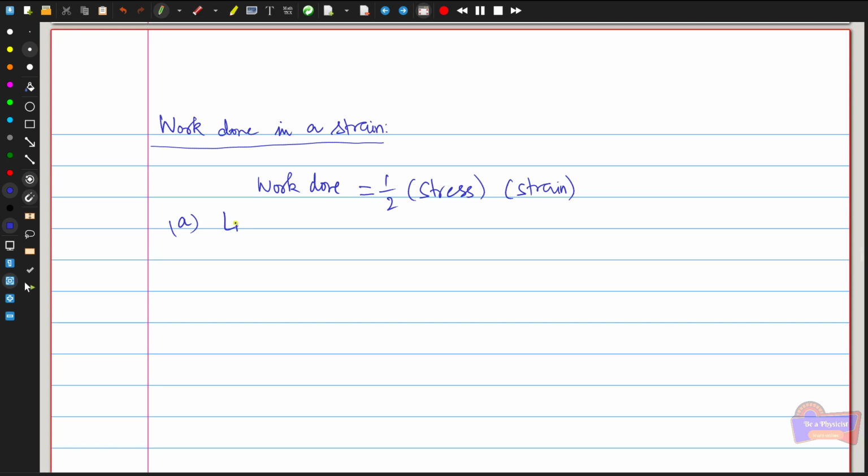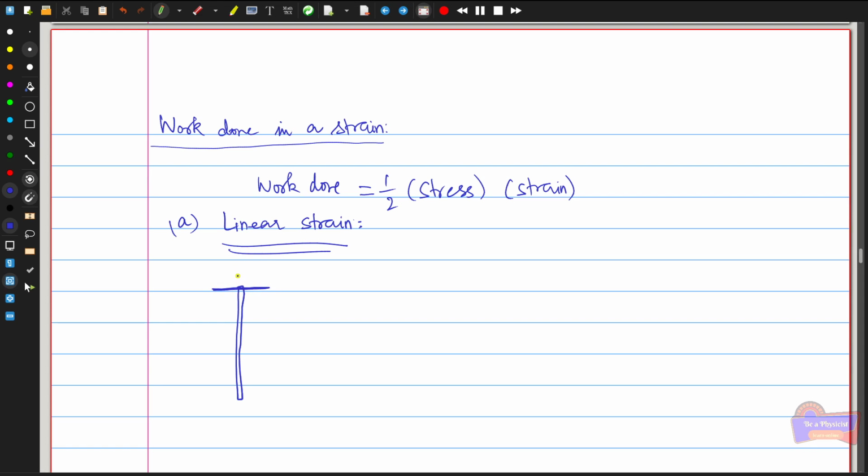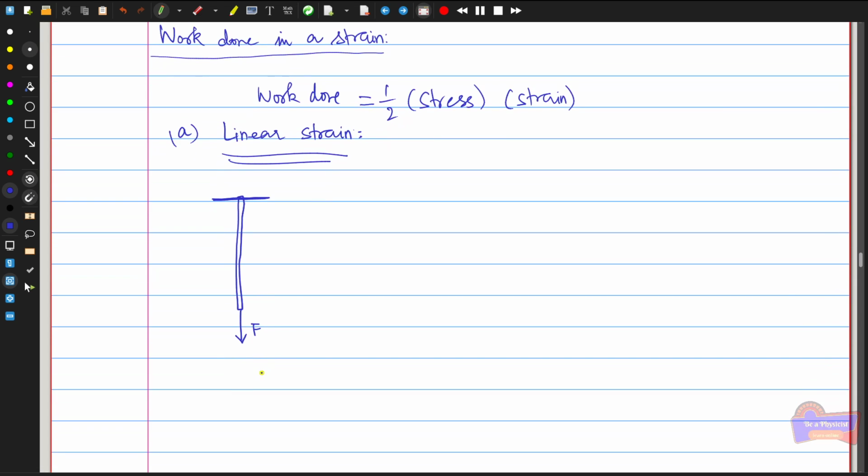First is the linear strain. To find the work done for the linear strain, we assume the same experiment, where we have a rod of uniform length and uniform area, with the top end fixed to the ceiling, and I apply a downward force so that the rod is elongated.